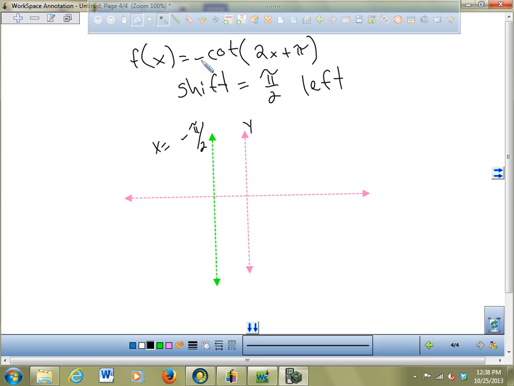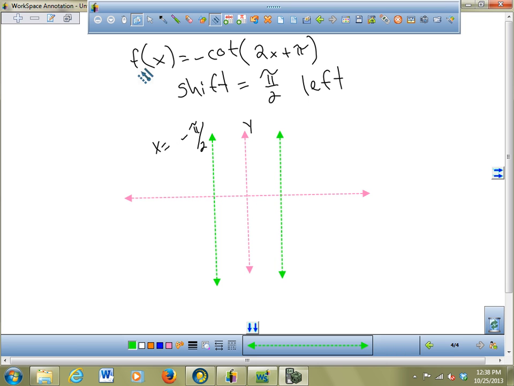And what's this negative going to do to it? It's going to flip it the other way. So this function would actually look a lot like a tangent function, right? Would it look exactly like a tangent function?